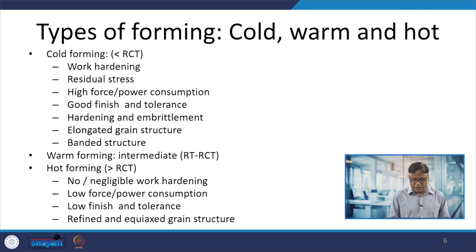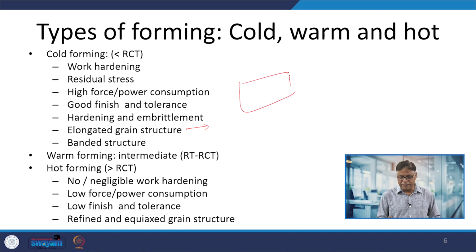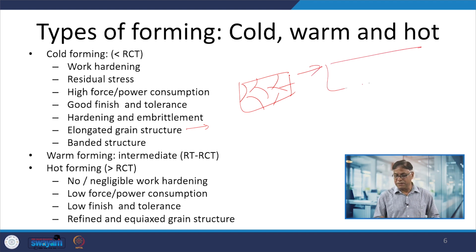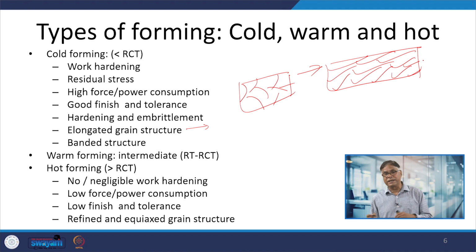The grain structure is elongated. Initially the metal may have equiaxed grains, but when subjected to plastic deformation, grains may get elongated and deformed in a particular direction, and the metal responds in a much better way in the direction in which the grains are elongated.